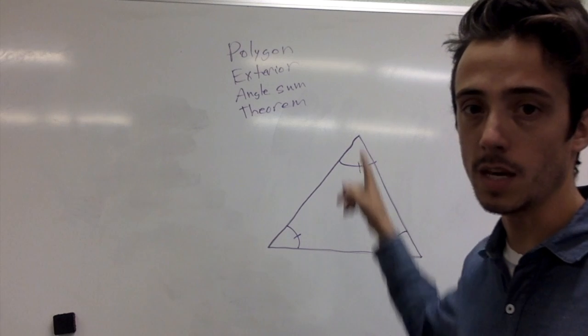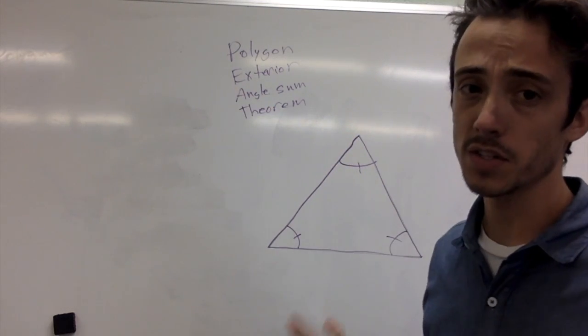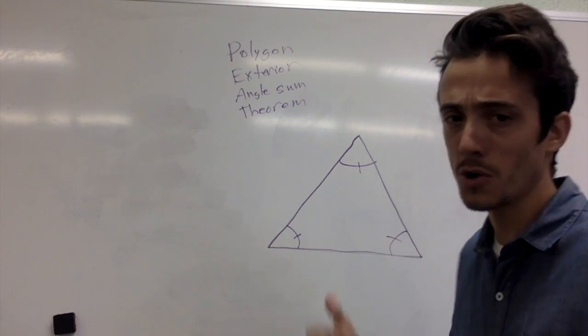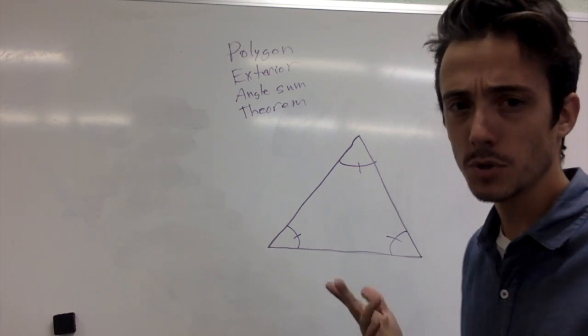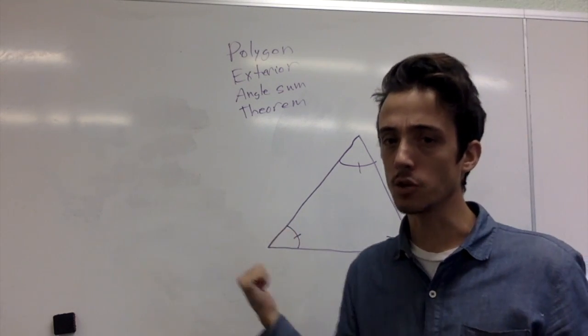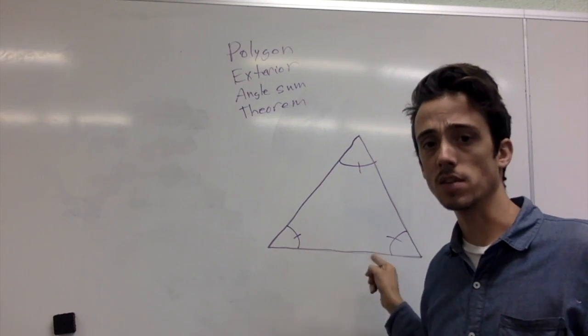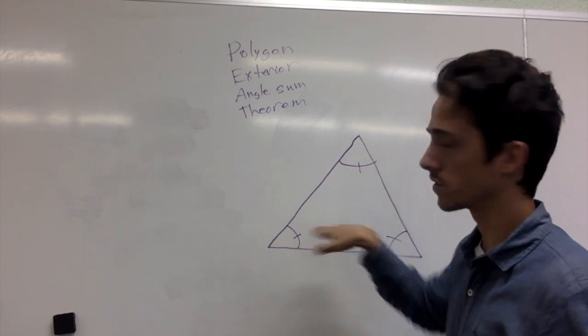Finally, concluding with the polygon exterior angle sum theorem, this allows us to take any shape and take a look at the outside. What's on the outside? Hey, is it snowing outside? Might be. Who knows? Over here, if we look at the angles on the exterior, we have angles on the interior. In this case, I did my best to draw a triangle where all of the angles are congruent.